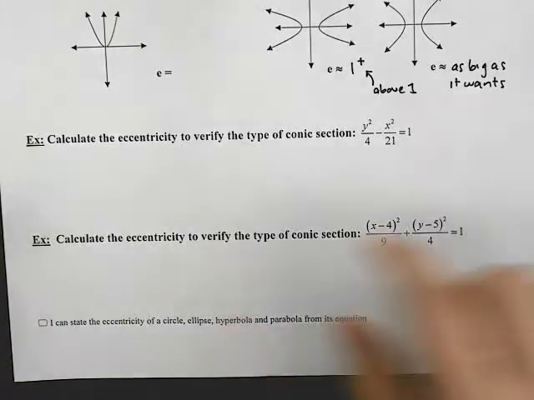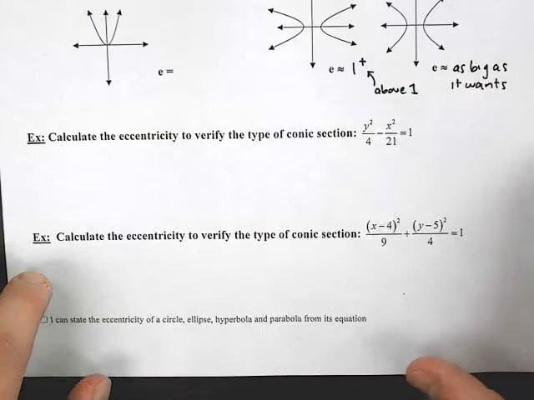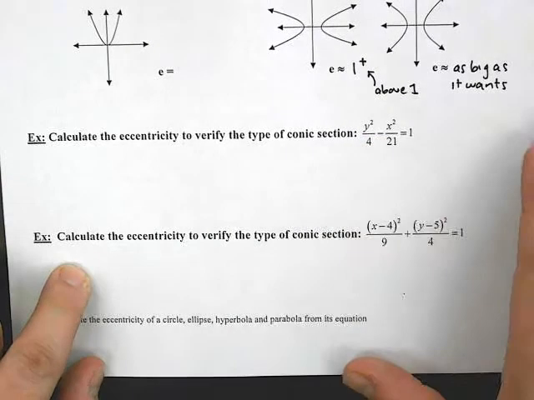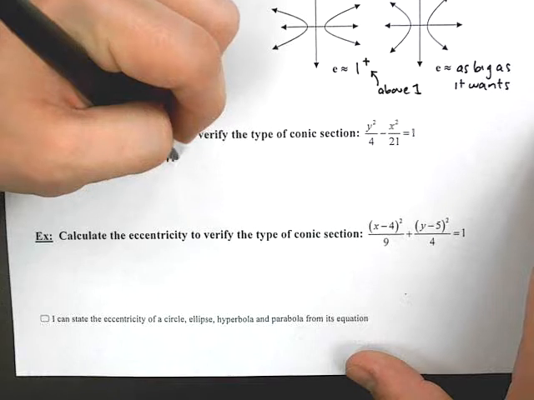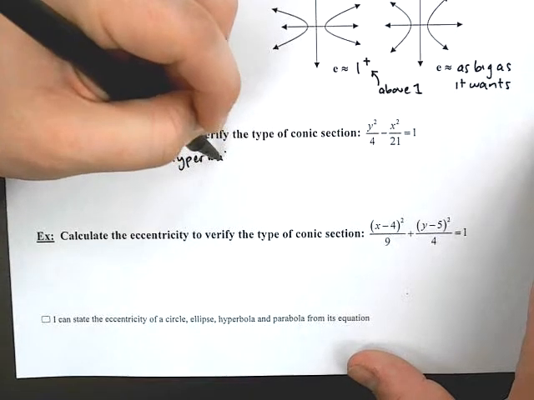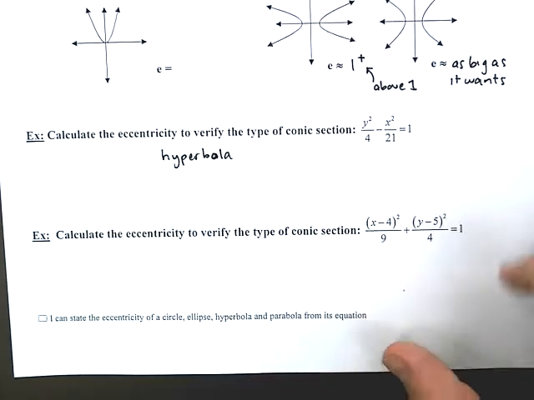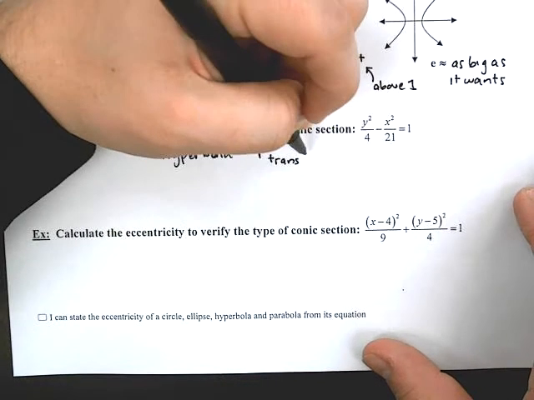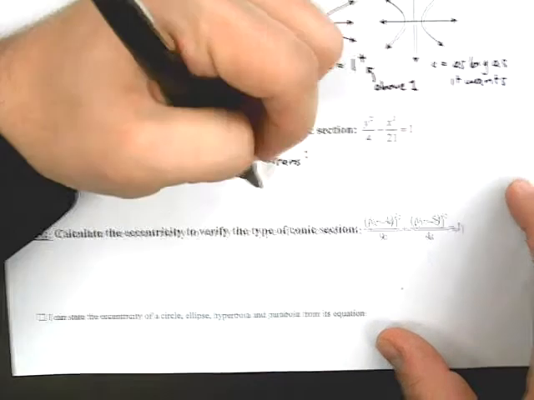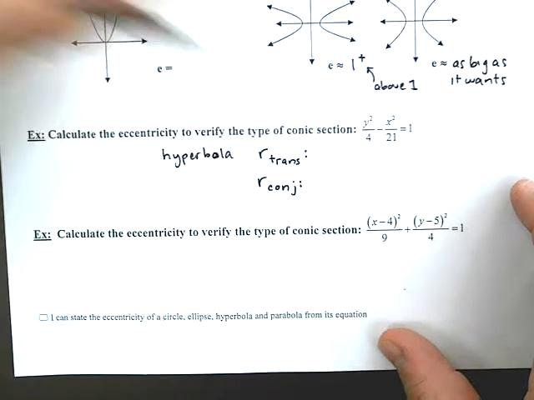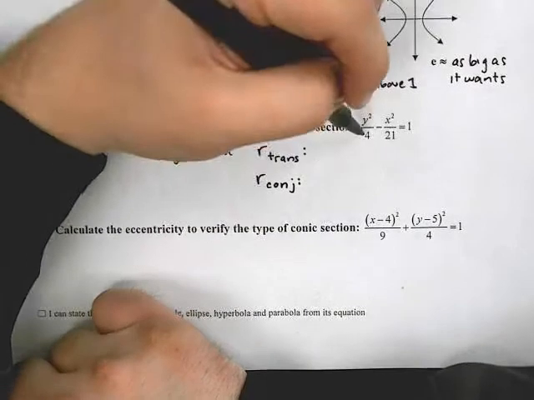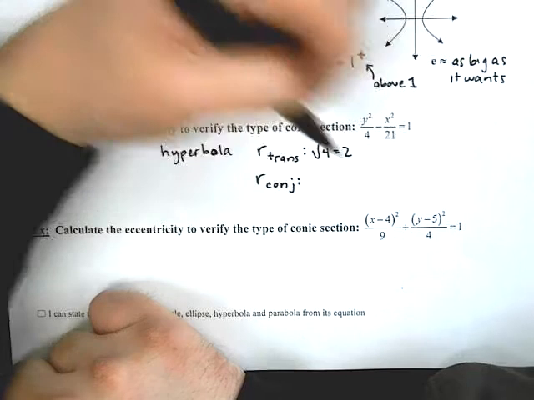Alright, so now to calculate the eccentricity for both of these, we need to get the r sub f. Now I see a minus sign, which tells me that this is a hyperbola. So my r transverse and r conjugate, well, my r transverse is just going to be the square root of 4, or 2.